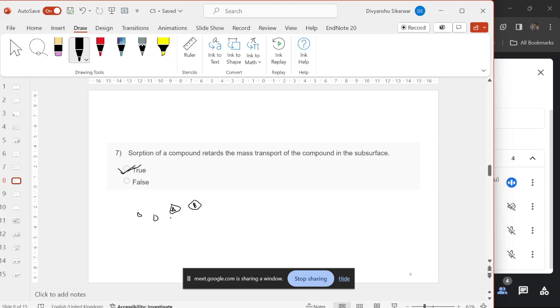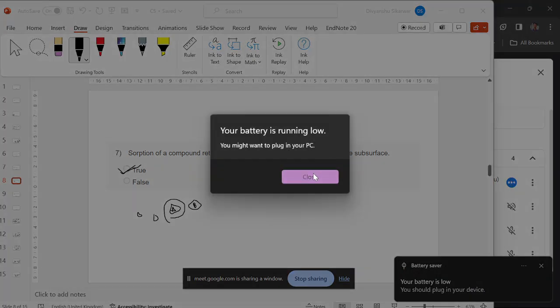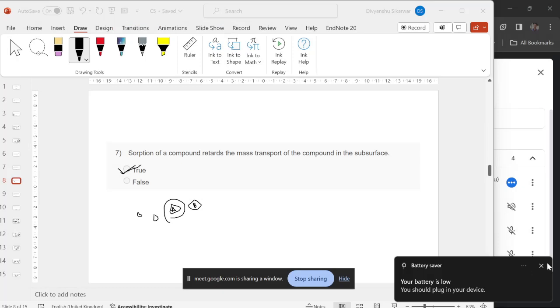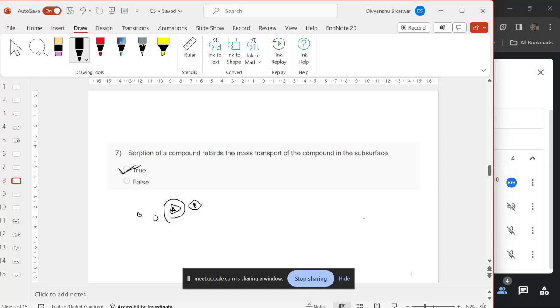Compound A won't face that much resistance, so it will pass quickly. The same thing applies here: absorption of a compound retards the mass transfer of the compound. Okay, sir.